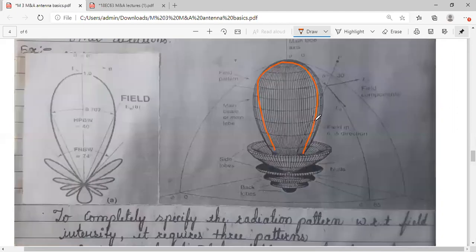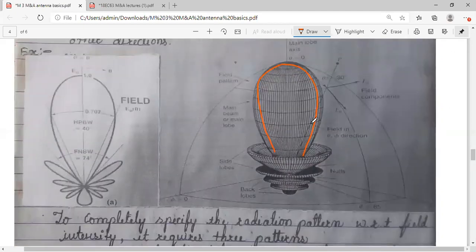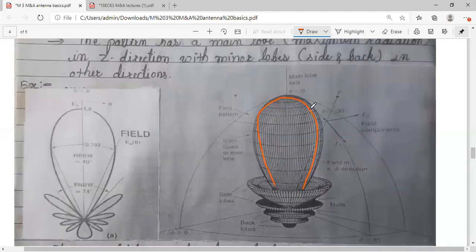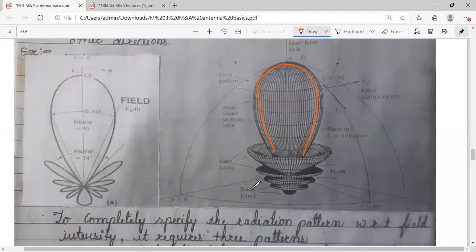So if you see here, I have drawn an example pattern. In your textbook it is given. We have already studied the spherical coordinate system, right? So what is angle theta? See, you have an angle theta, and this is your phi.